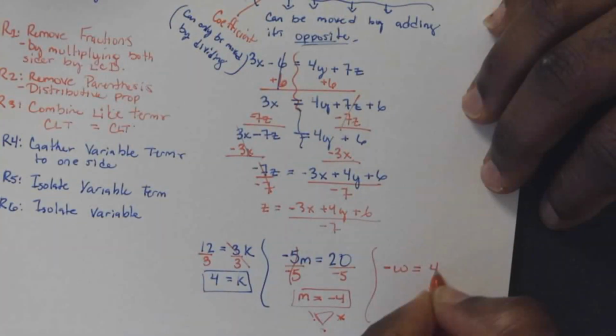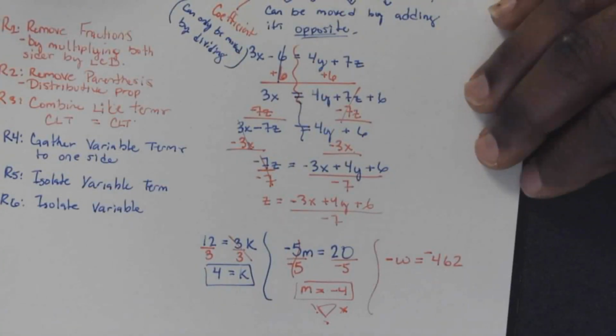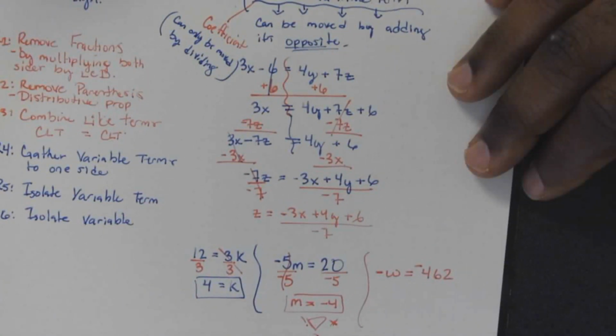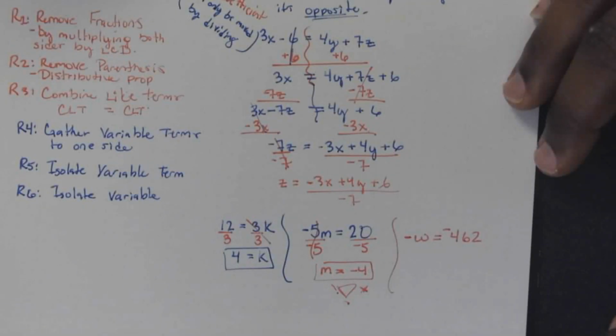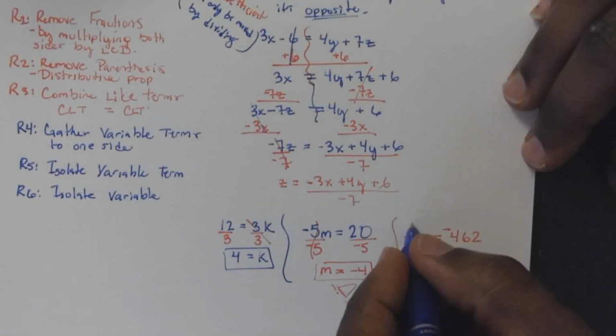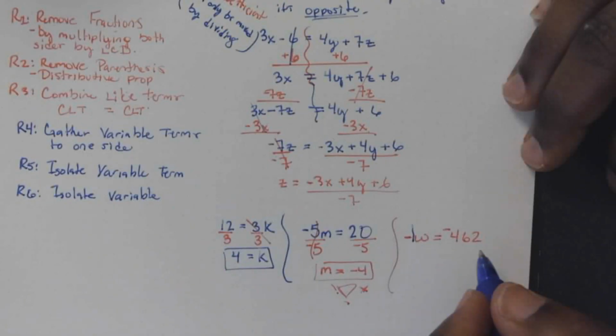Let's do it again. All right? Negative w equals -462. Now, is our variable by itself? Somebody's there. They're trying to hide, but they're there. It's a -1 right there. Don't let them hide on you now.